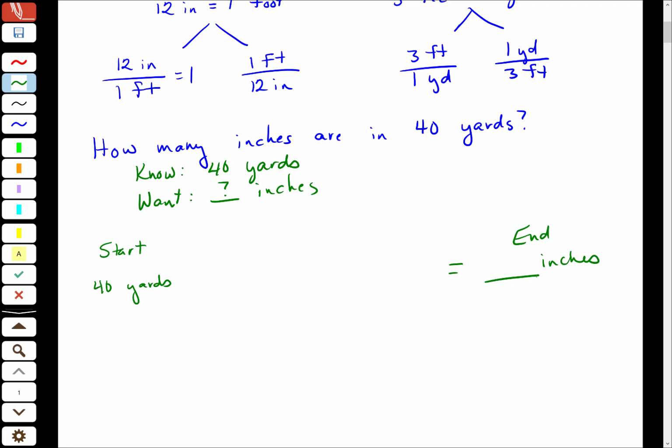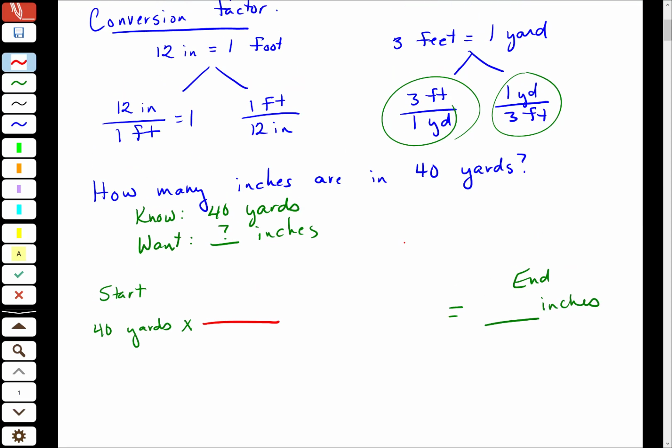Now, what dimensional analysis tells us is how to convert, or which of these conversion factors to choose, right? So let's say I don't know how many inches are in a yard, but I'm going to use this yards to feet first. So I use dimensional analysis by multiplying by one of these fractions. I'm going to go from yards to feet, right?